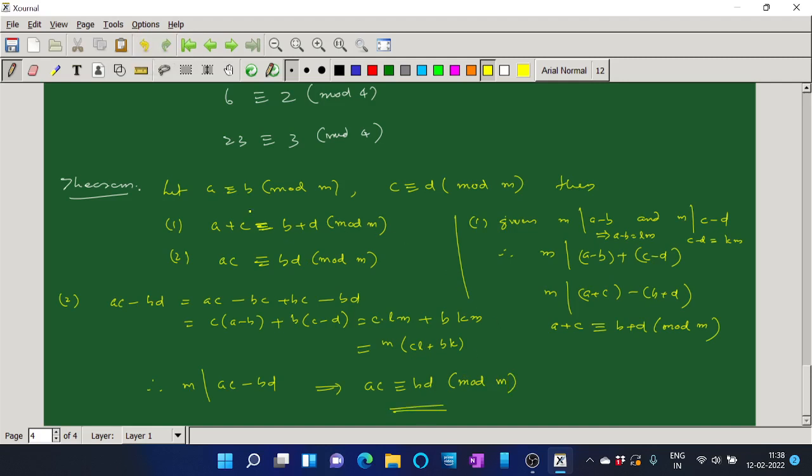So, this result shows that if A is congruent to B mod M and C is congruent to D mod M, then we can add: A plus C is congruent to B plus D mod M, and AC is congruent to BD mod M. So, let us see some examples of this type.